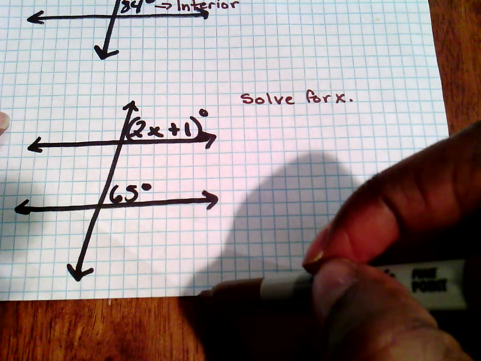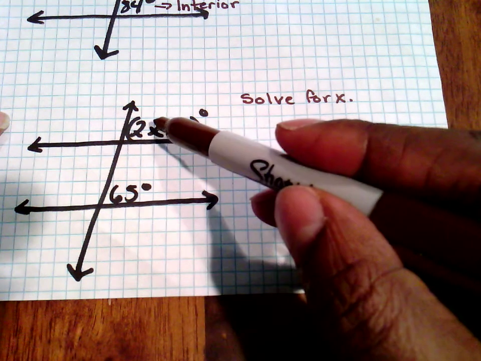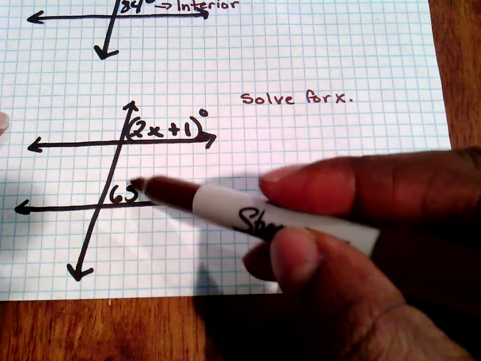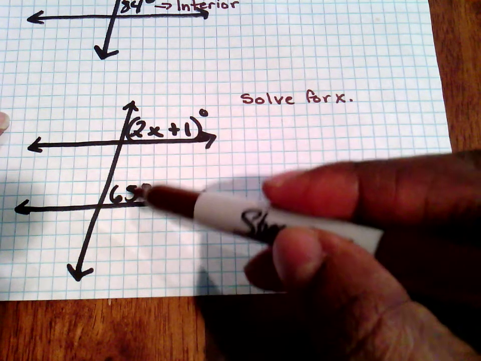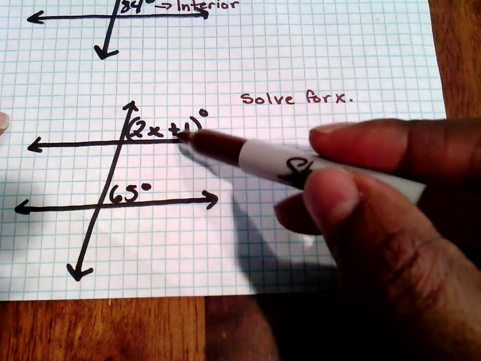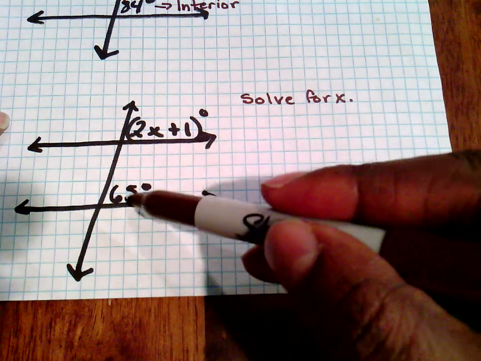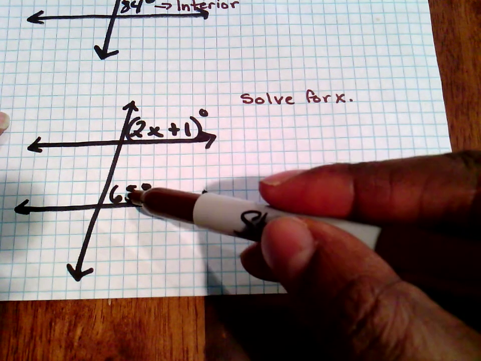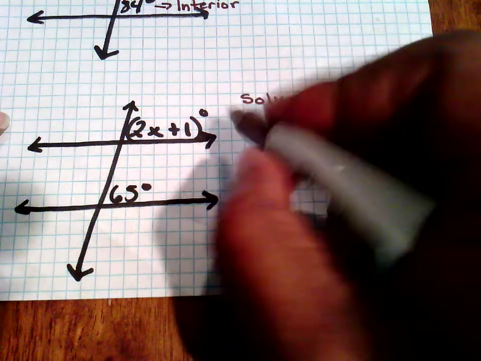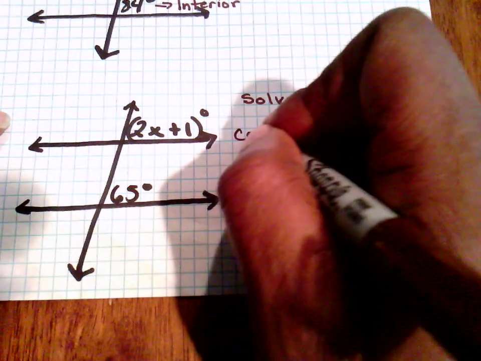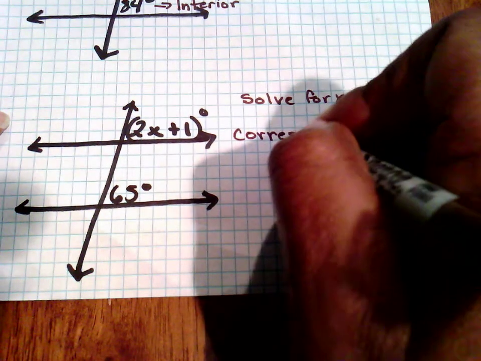But one thing you might want to notice here is that both angles are in the same position in both intersections. So if the two angles are in the same position in both intersections, that means that these are corresponding angles.